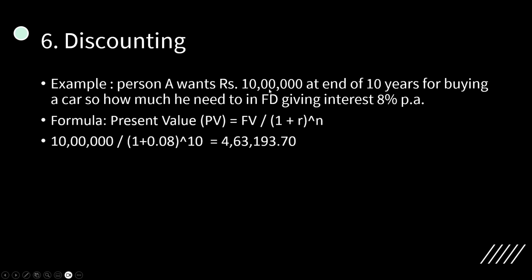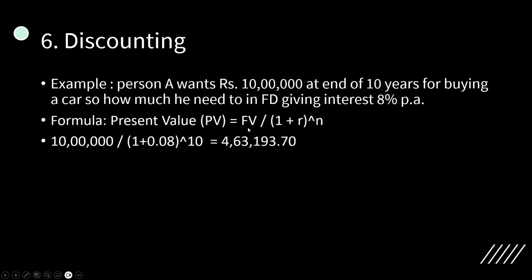The person doesn't need the car today, but he is planning how much amount he needs to invest, so that at the end of the 10 years he will get rupees 10 lakhs. In such a calculation, we can use the principle or formula of discounting, so that we know how much a person needs to invest today in order to get x amount in the future at a certain date or at the end of a certain year.